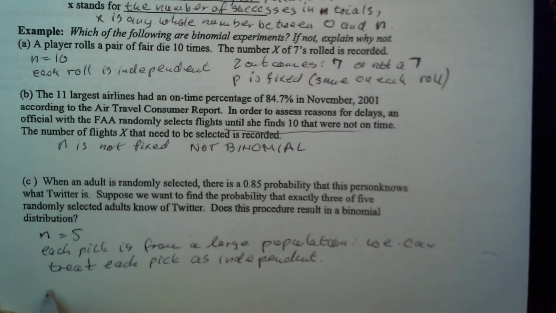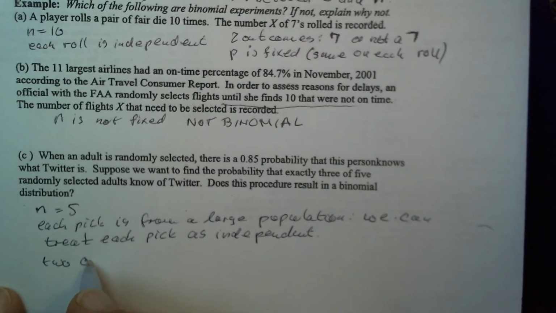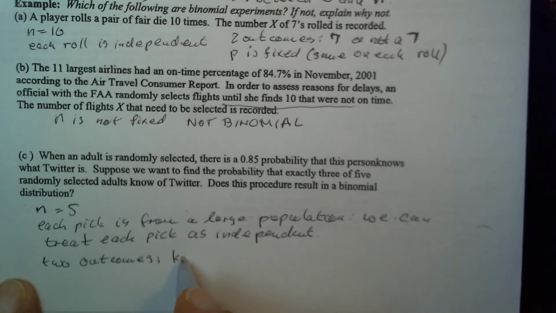And then the two outcomes. Two outcomes possible. And the two outcomes are, they either know what Twitter is or they don't.